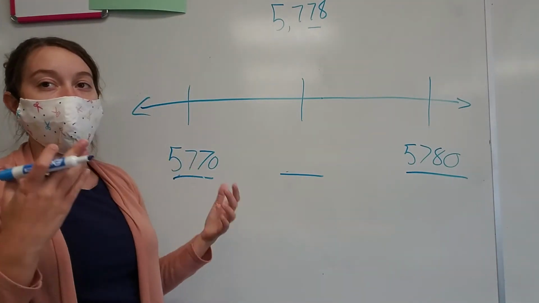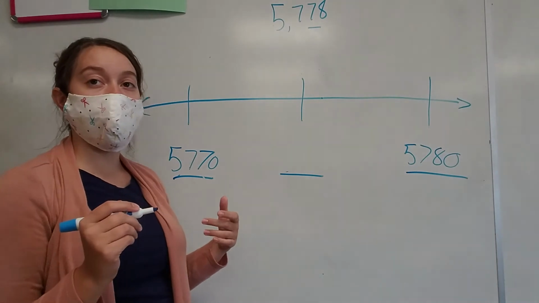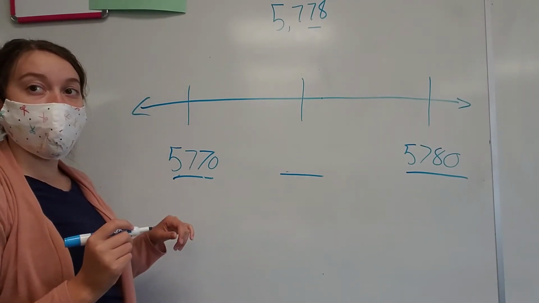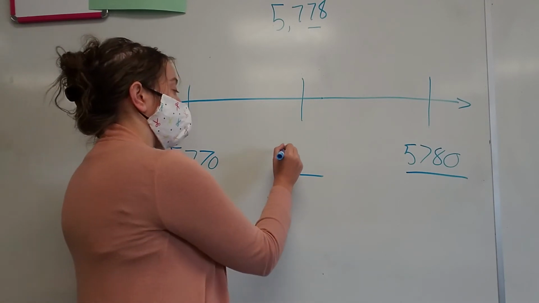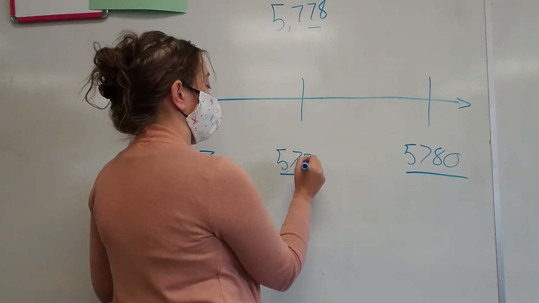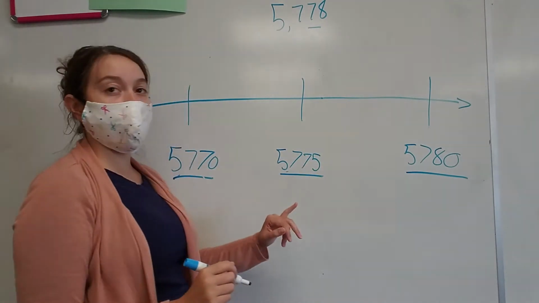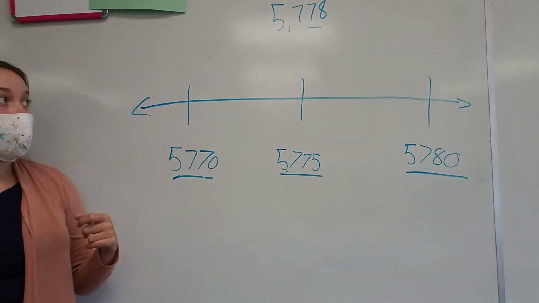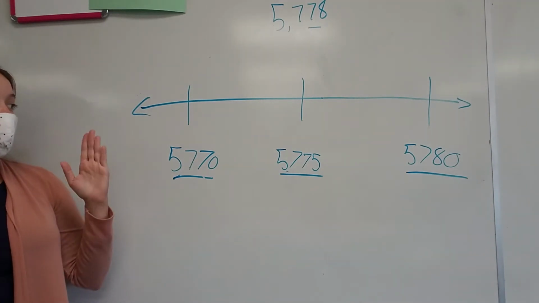So what's between 70 and 80? This one's a little easier to find the halfway point. Keegan? 75. Good. So 5,775. Between 70 and 80, right? That's my halfway point.